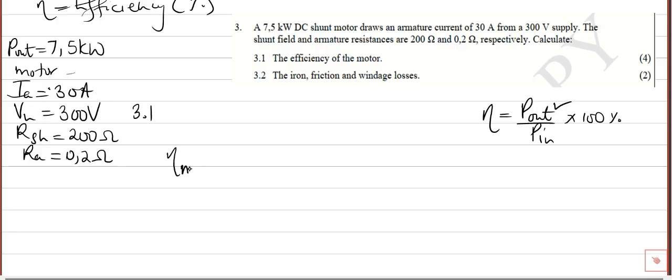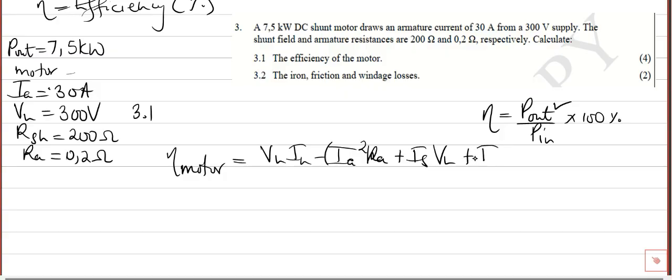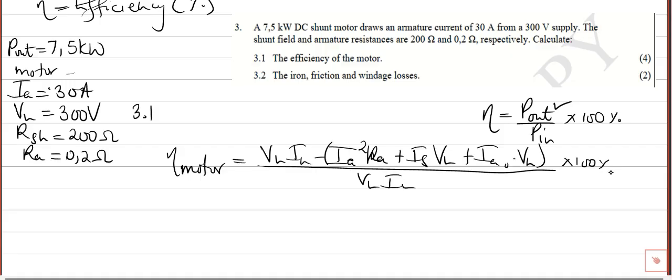So the formula for efficiency in a motor, the whole formula, says VL IL minus IA squared RA plus I shunt VL plus IAO VL all over VL IL times 100%.